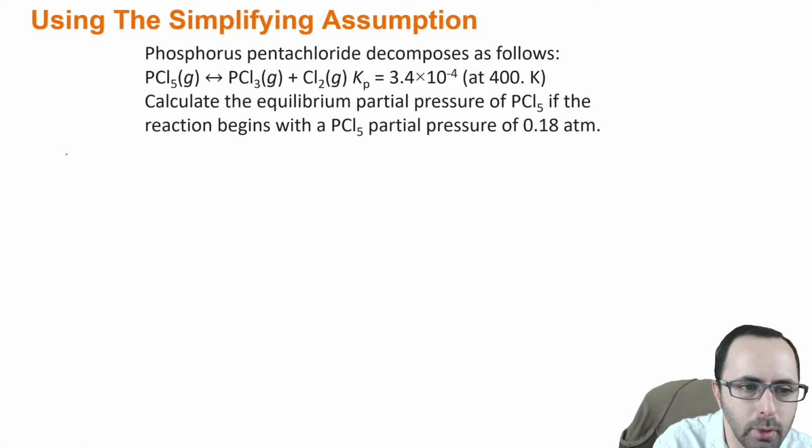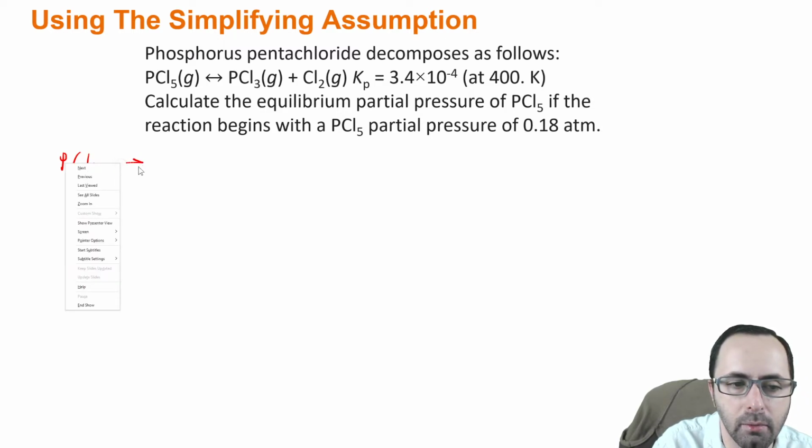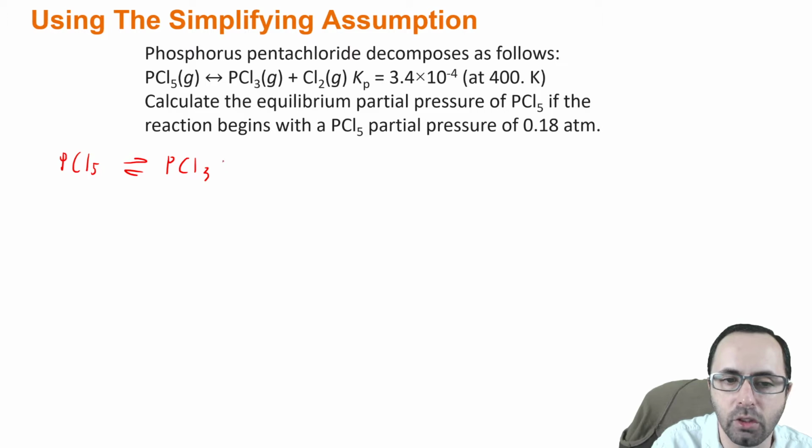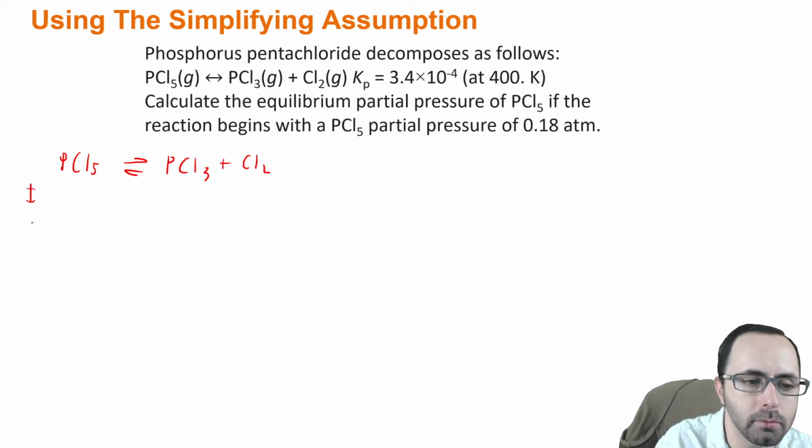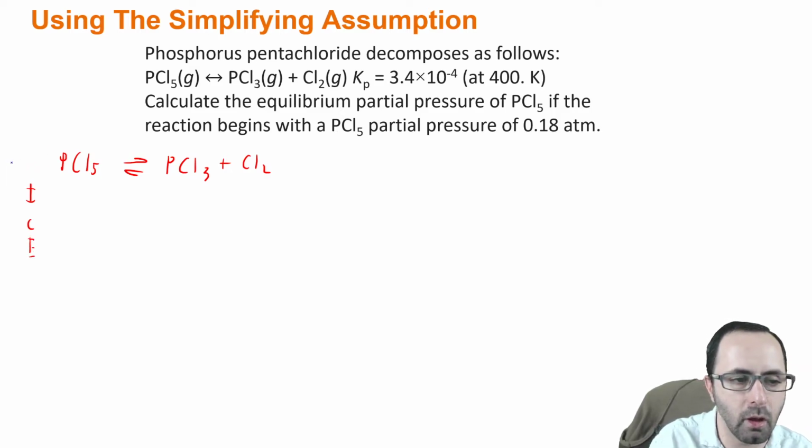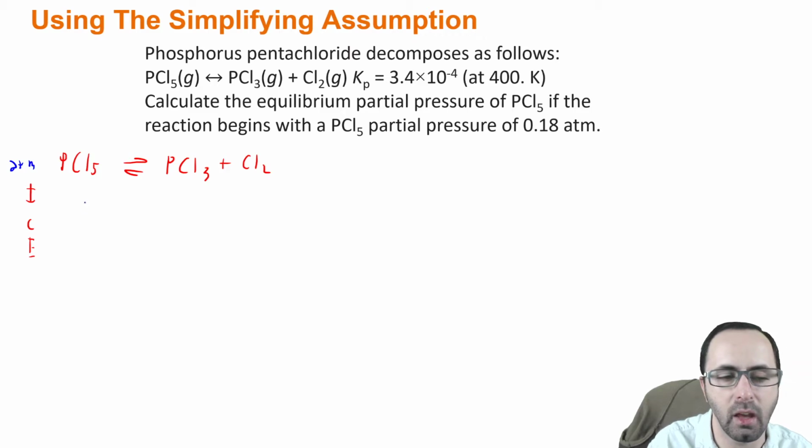So we write out the reaction here, PCl5, and I'll leave the phases off. They're all gas. We should note that, but they're all gas. We know that. And so we'll make an ice table. Our ice table here is going to be in terms of atmospheres. It's just something to keep in mind.